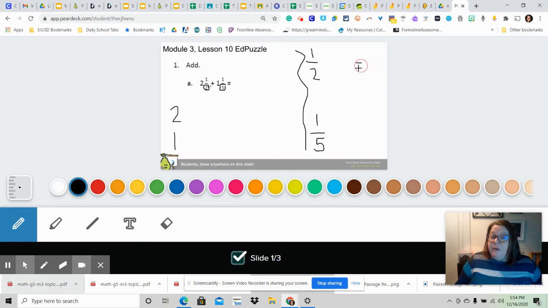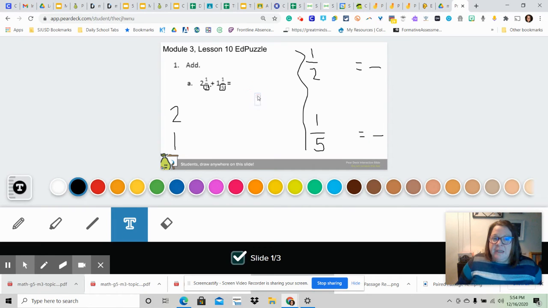Now, one thing that we were practicing is you guys coming up with that common denominator right off the top of your heads, which was amazing. If you're not quite there yet, that's okay, because you can list your multiples. Multiples of 2 are 2, 4, 6, 8, 10, 12, 14.